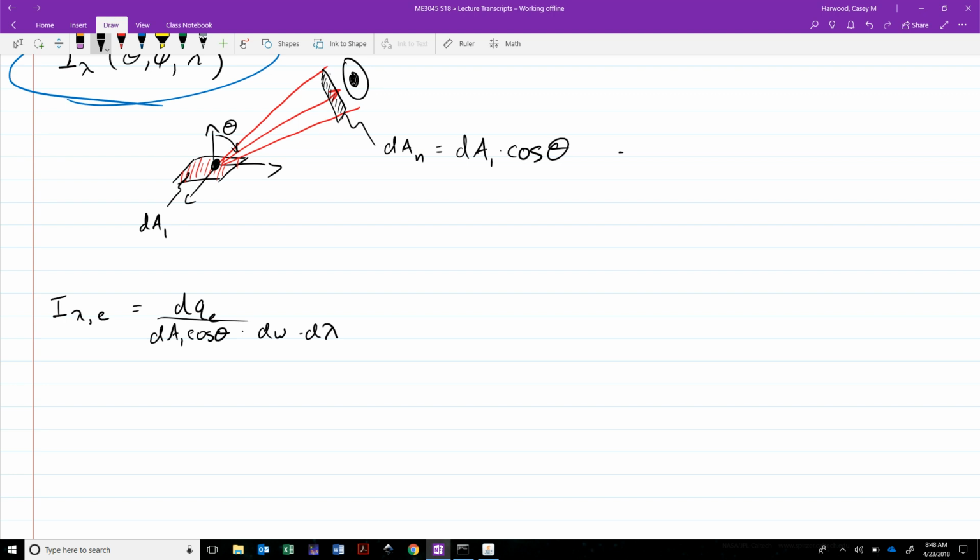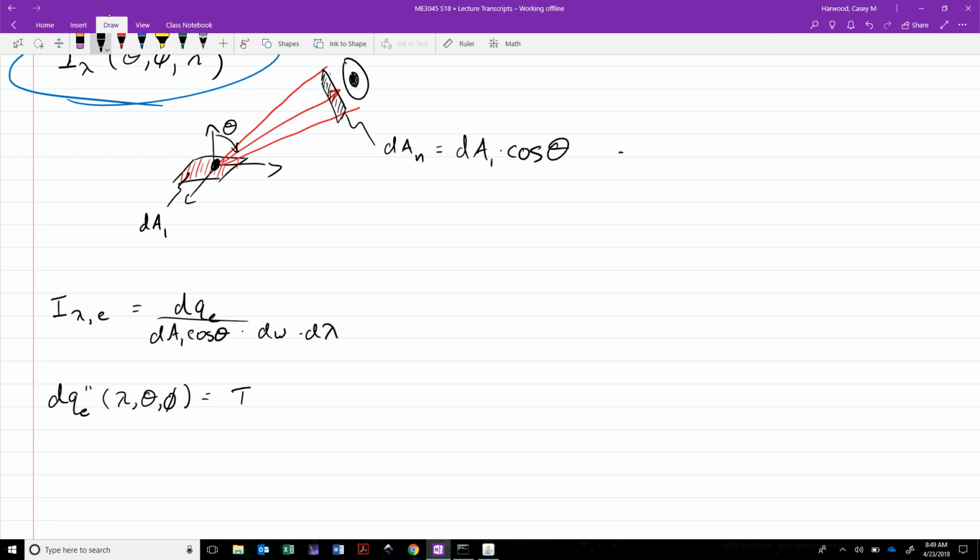So from this, let's say we know this. What this is useful for is calculating energy fluxes from this idea of spectral radiation intensity. If we wanted to figure out the emitted energy flux of a small surface area, we could write this as a function of wavelength and direction.